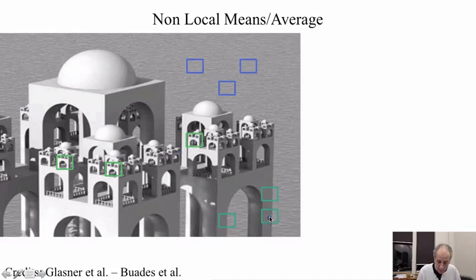The same here. So before, we were thinking about averaging only pixels inside here. Maybe we should actually average neighborhoods that are similar. Maybe we should average these three, so we can replace this pixel by certain relationship with others. But we should not mix this with this because the local neighborhoods are very different.